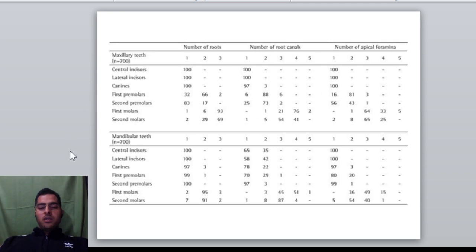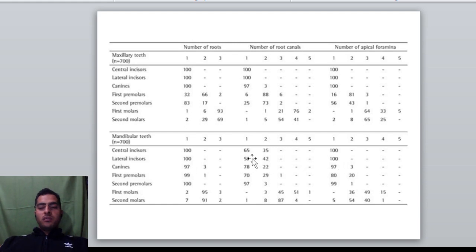But contrary to this, in the central incisors of the mandibular teeth, only 65 teeth had one root canal and 35 teeth had two root canals. But again, the apex was only one.